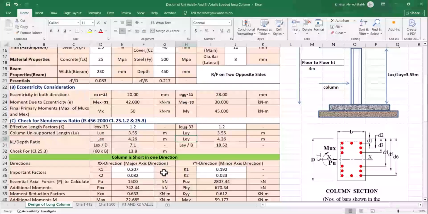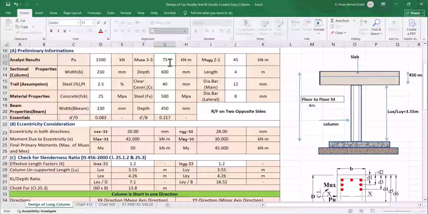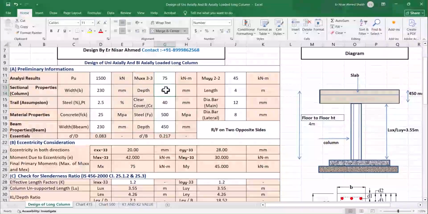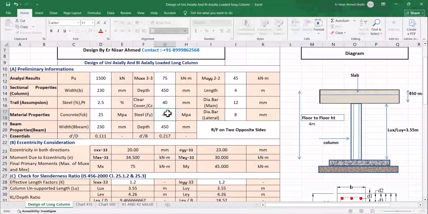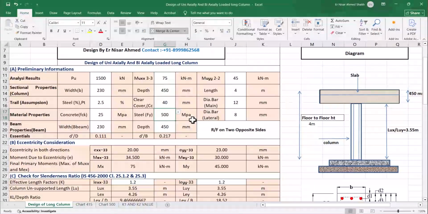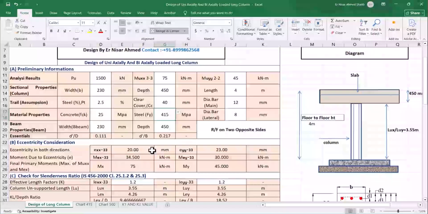Column is short in one direction. Then 75. 450 we will consider, this also 450. Column is short in one direction.